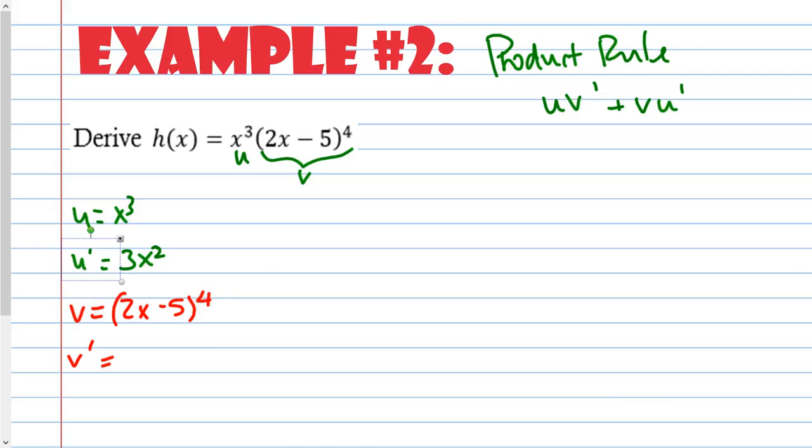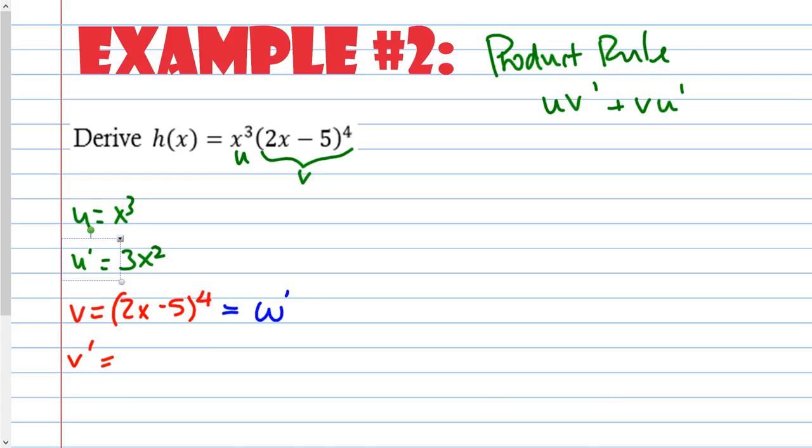Since I'm already using u, because this is a product rule, I'm going to add a new letter. And this letter is going to be w. U, v, w, alphabet. So how this works is my outer function, 2x minus 5 is the inner. The 4th power, the exponent, that's part of my outer function. So we're going to call the inside function w.